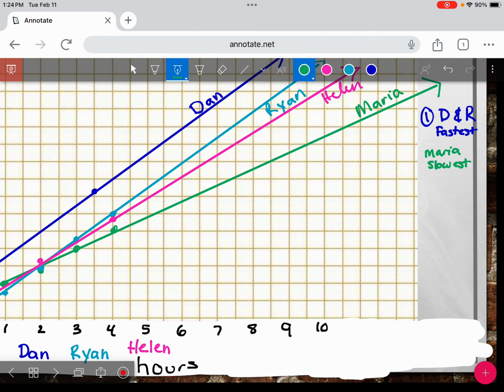How about, does Helen, pink, pass Maria? Green. Where does Helen pass Maria? I was going to say at the 60 kilometer mark-ish, which is about what time? About 2 hours.